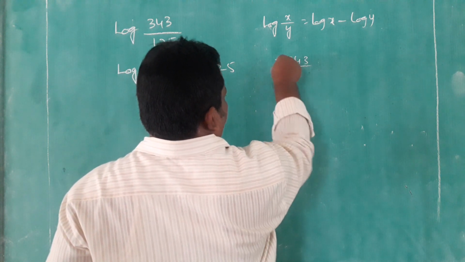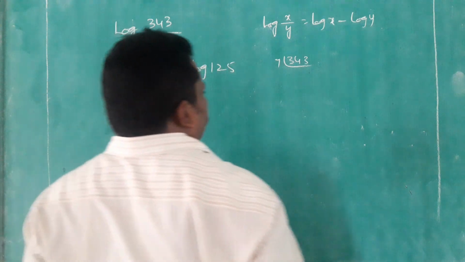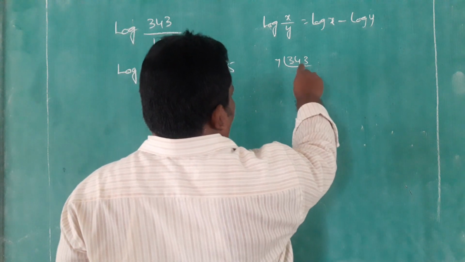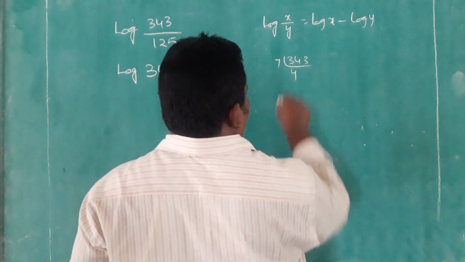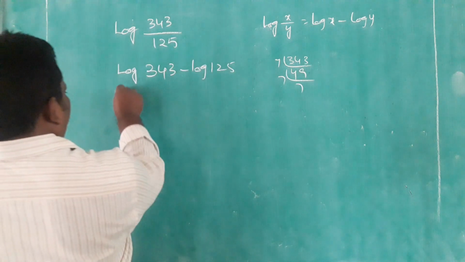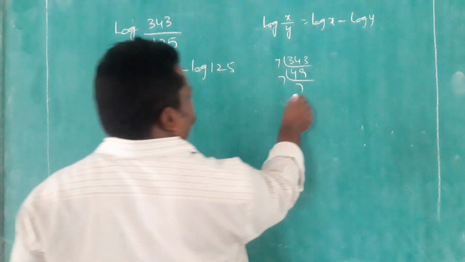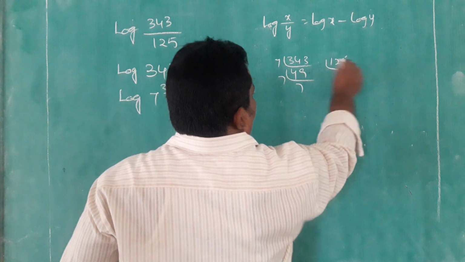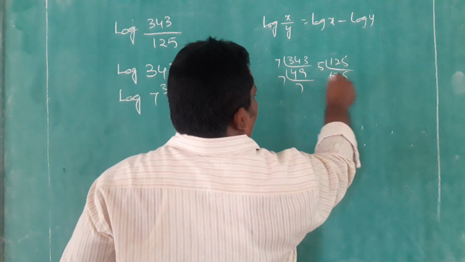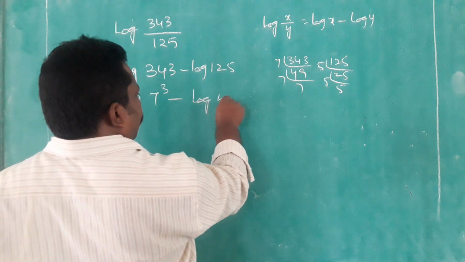343, see here, 7. I think 7 table: 7 fours are 28, 7 nines are 63, 7 sevens. That means log 7 cube minus log 125, which can be written as 5 25s and 5 5s, that means log 5 cube.